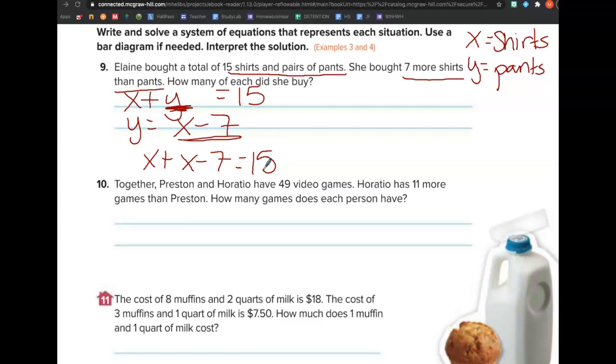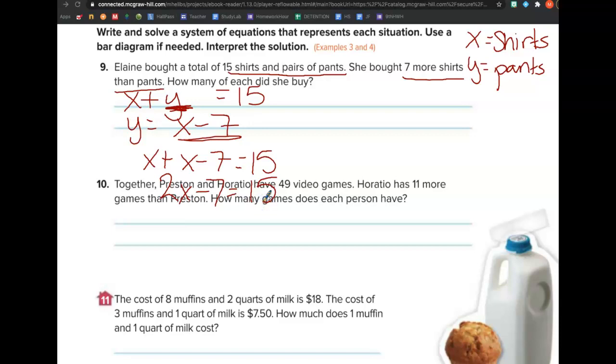Now I'm going to have to solve for x. What would I do first in solving for x? They're on the same side, right? So I'm going to take x plus x. I'm combining like terms. So x plus x is 2x minus 7 equals 15.